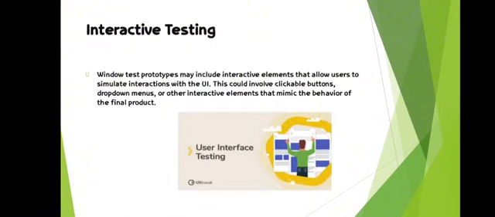And then interactive testing. This interactive testing for the users and the designers may include interactive elements such as buttons, drop down menus, like that. From this, the users and the designers may know how the users will use the web page from their point of view.